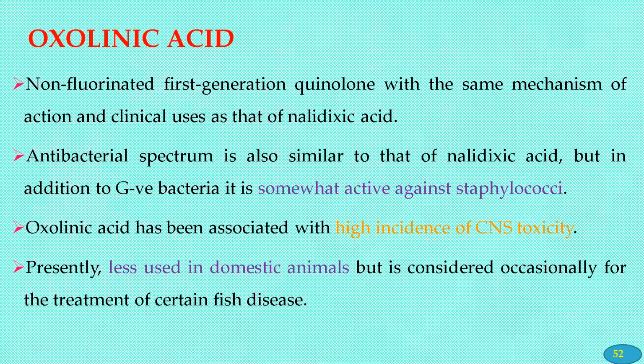Oxolinic acid has been associated with a very high incidence of central nervous system toxicity, like confusion, bizarre behavior, and convulsions, which may be seen rarely. It is presently less used in domestic animals, but it is used very commonly in the treatment of certain fish diseases.